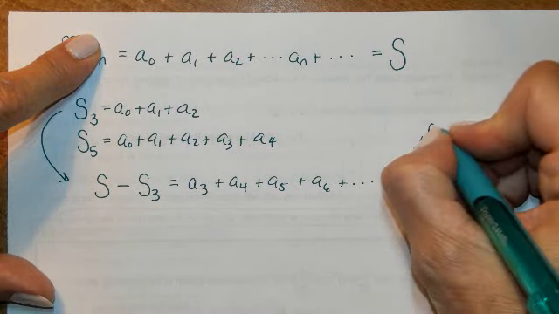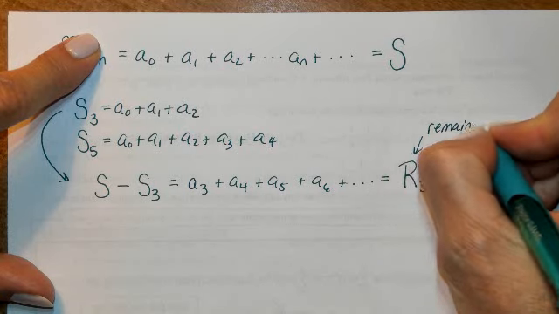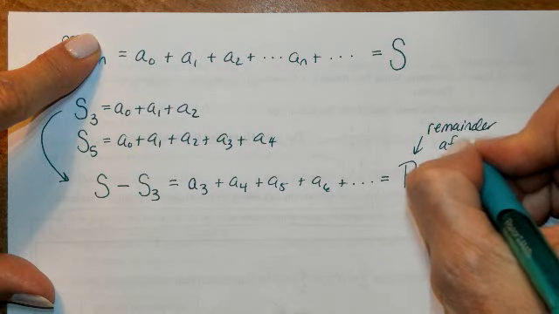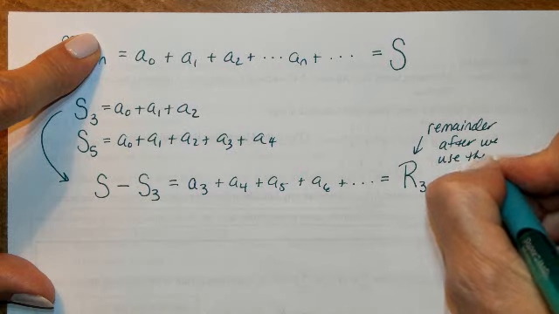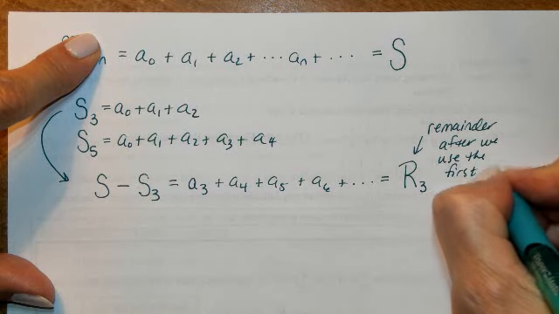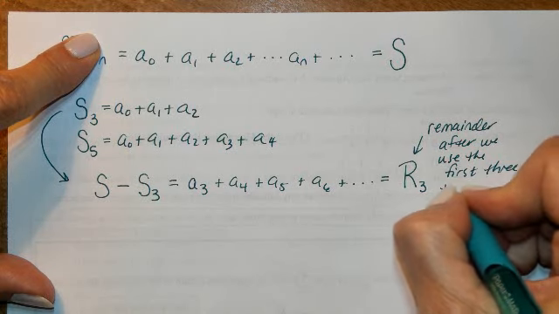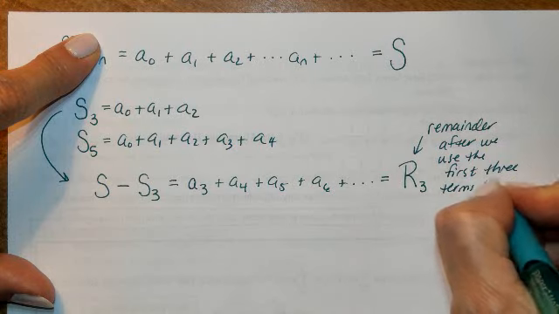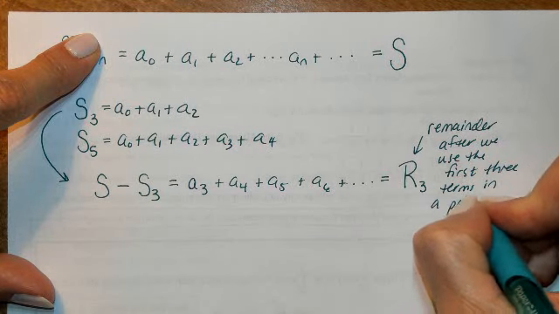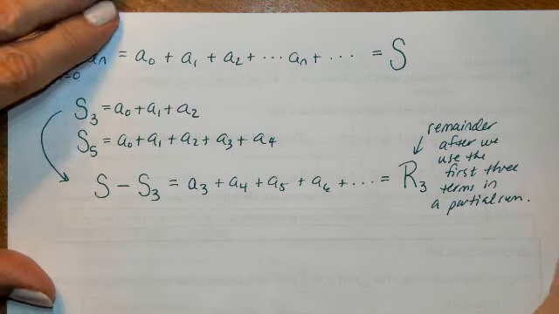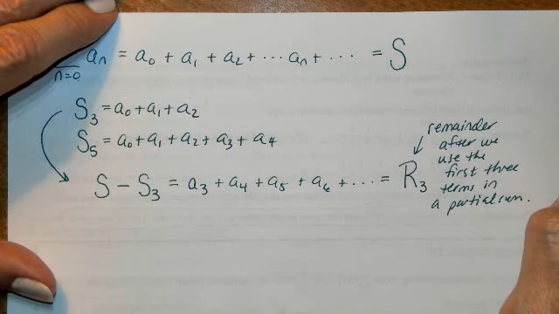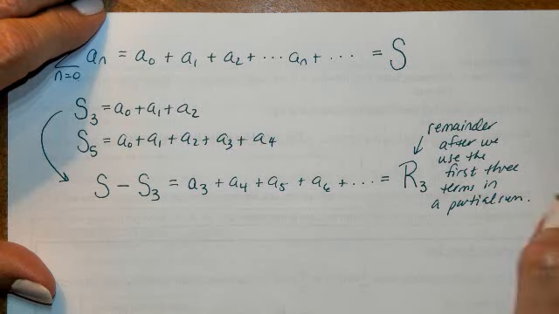That's called the remainder after we use the first three terms in a partial sum. Okay? I'm just talking about notation first, before we get into what these things really mean, or what we can do with them.